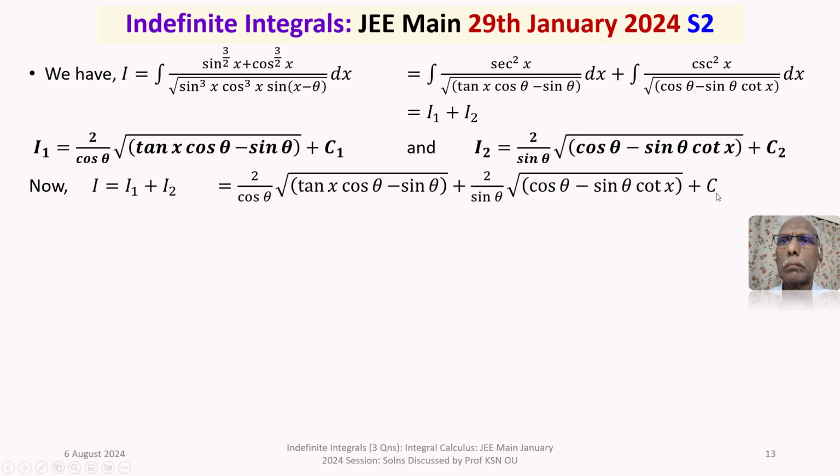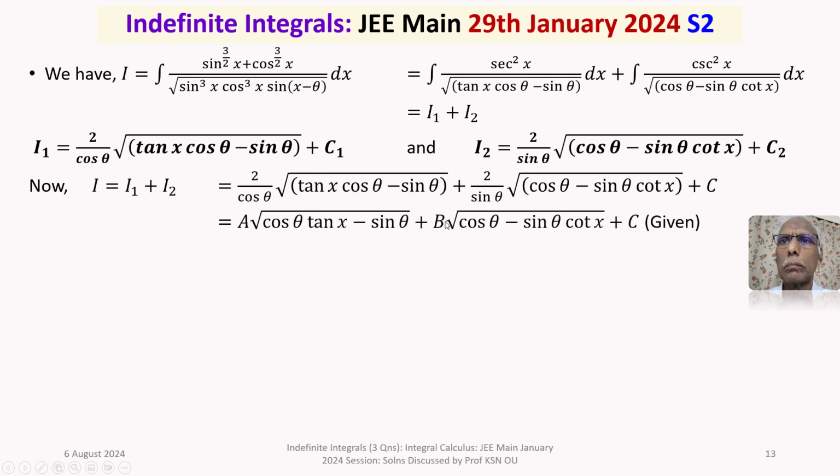Agreed. But it is given that this integral I is equal to a times the square root of cos theta tan x minus sin theta, plus b times the square root of cos theta minus sin theta cot x, plus c. That means they are equal, so a must be equal to 2 by cos theta, and b must be equal to 2 by sin theta.